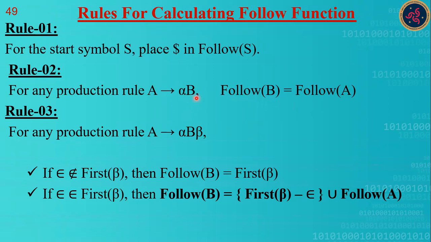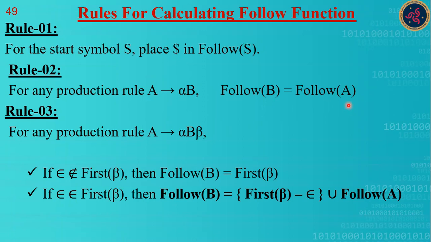If B, a non-terminal, is the last element and no other symbols follow it, then follow of B will be follow of A, where A is the non-terminal on the LHS of this production. Okay, so this is the second rule.